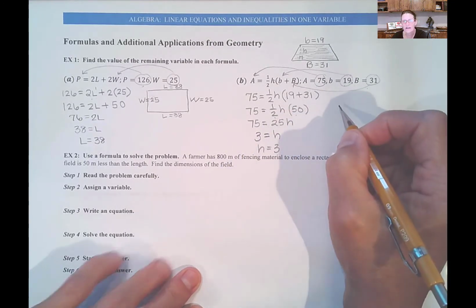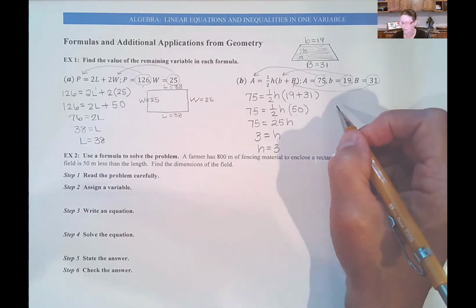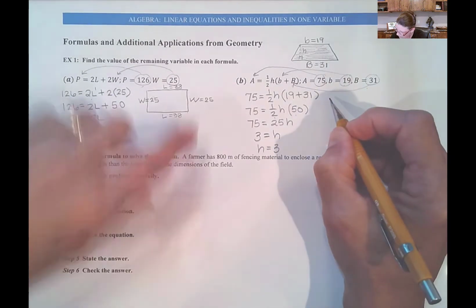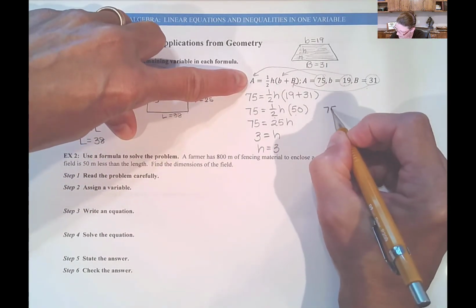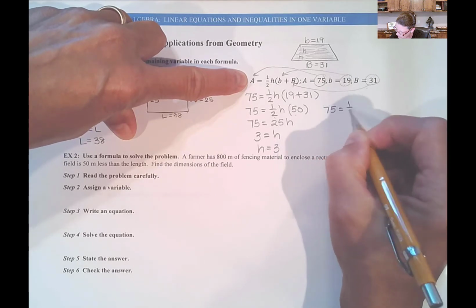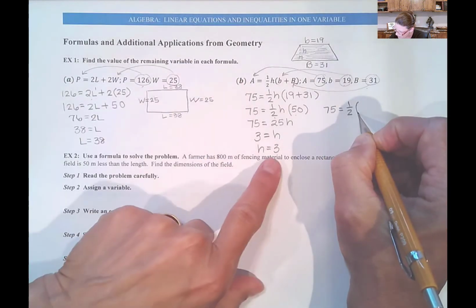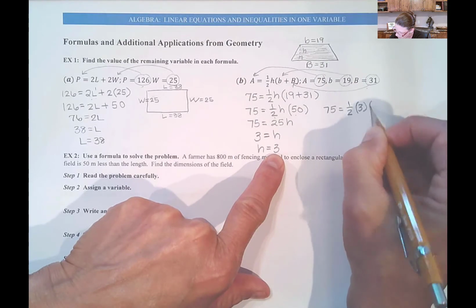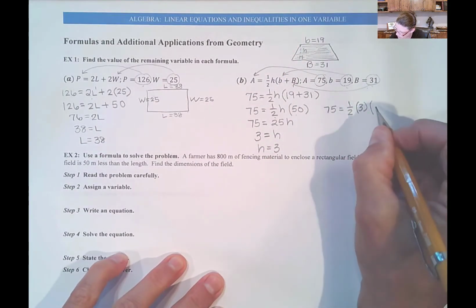And just thinking out loud, if you wanted to check this area formula, is the area 75 truly equal to 1/2 times the height of 3 times the sum of the bases, 19 plus 31?